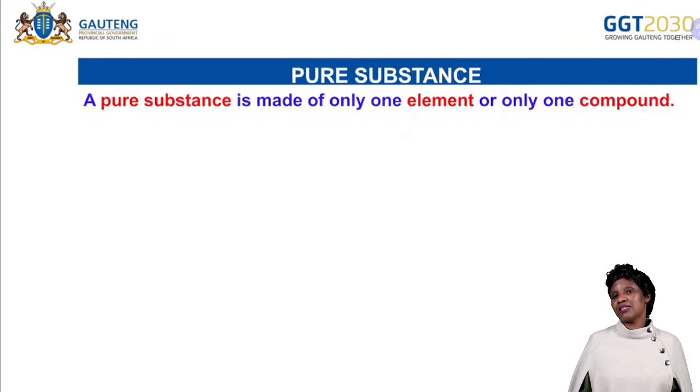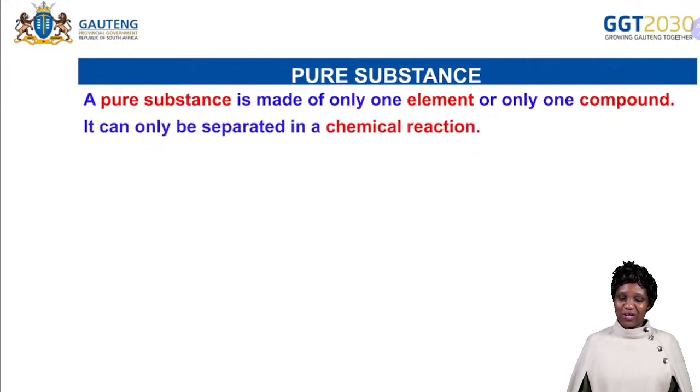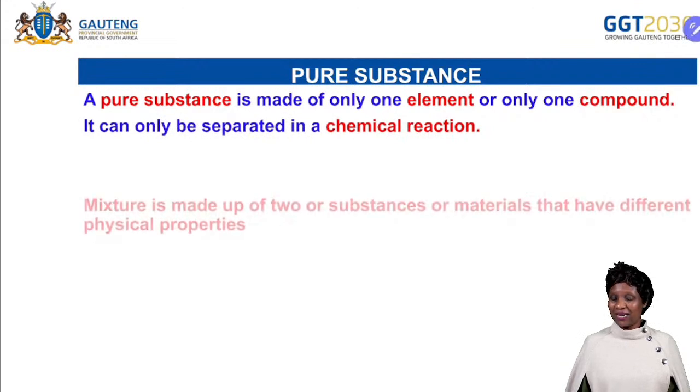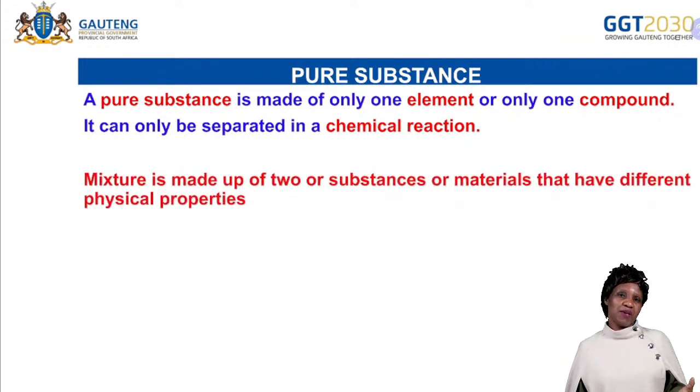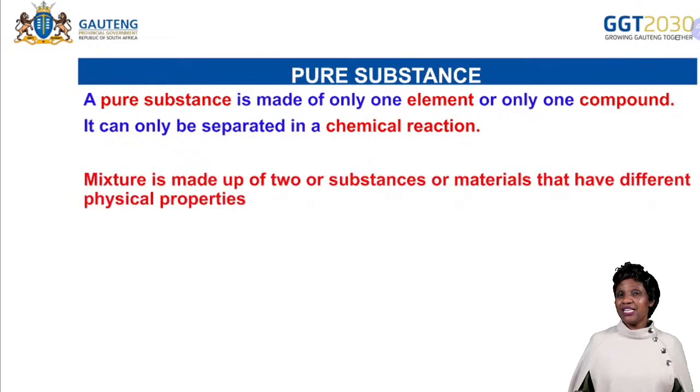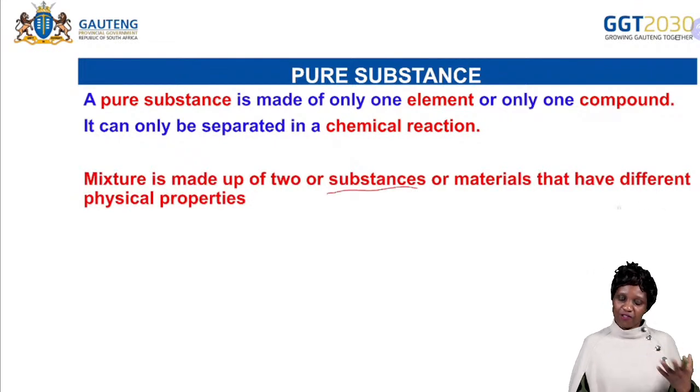A pure substance is made of only one element or only one compound. It can only be separated in a chemical reaction. And then what about a mixture? A mixture is made up of two substances or even materials that have different physical properties.